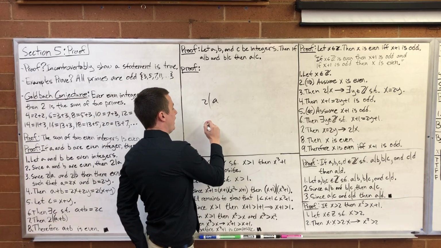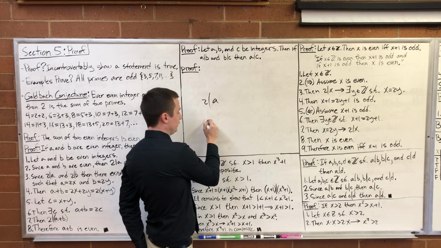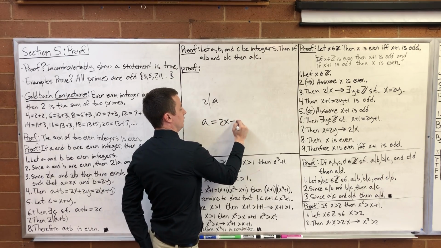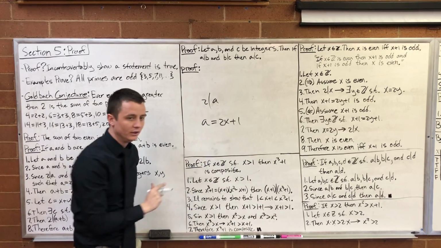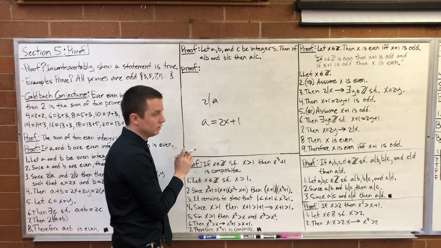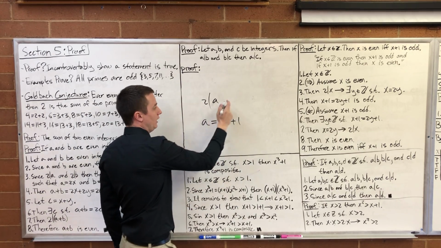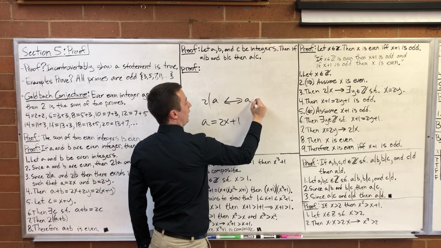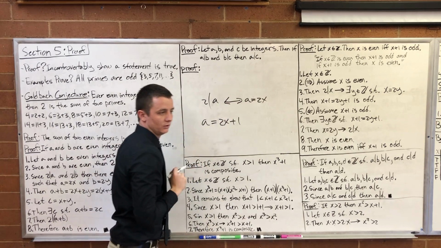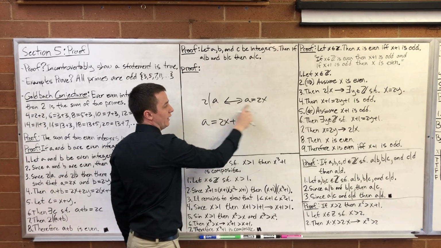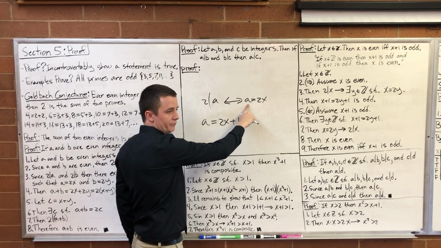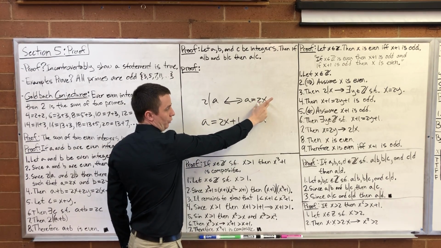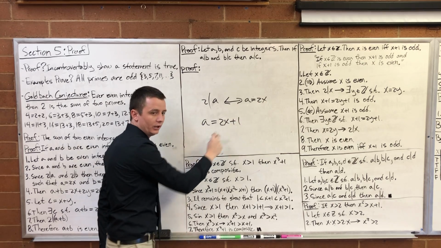Perfect. If A is odd, then that means there exists some integer x such that I can write A equals 2x plus 1. Notice if 2 divides A, that's the same thing as A is equal to 2x. If 2 divides A, that means 2 times something equals A. So if I can write it as 2x, it's even. If I can write it as 2x plus 1, it's odd.